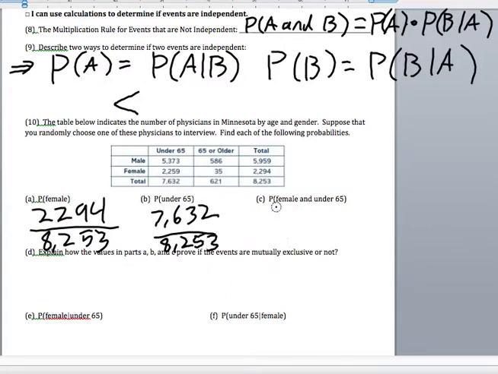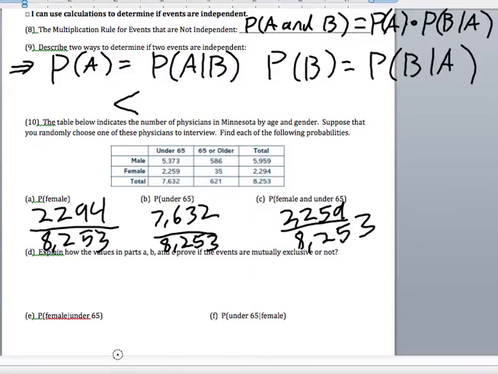Probability that you're female and under 65. Well, we could use this rule, but we've got a table, so let's just check that. Here are females, here are people under 65. There's a small group right here, 2,259 out of 8,253.